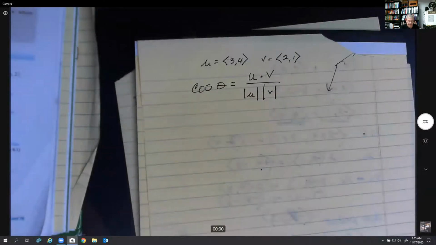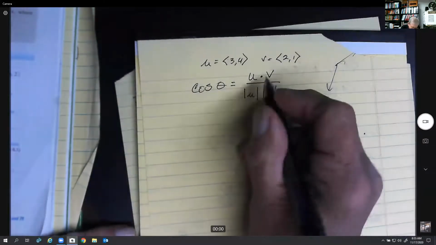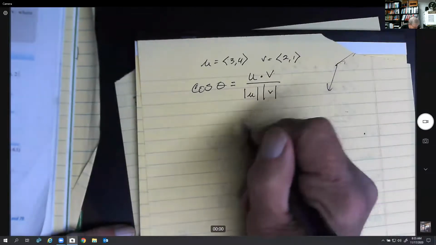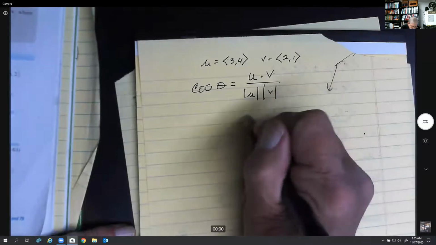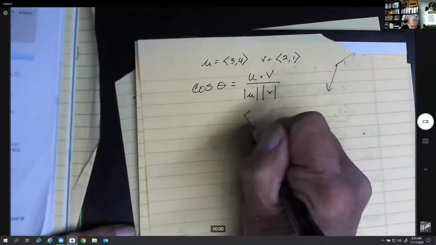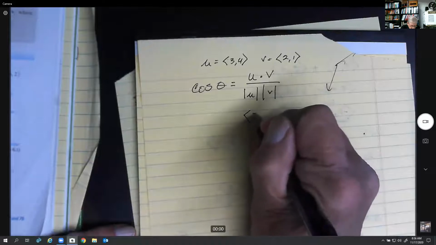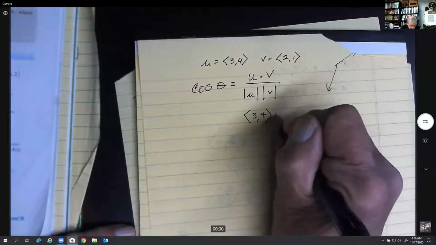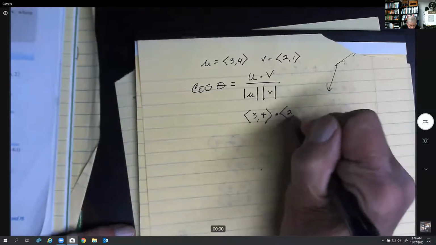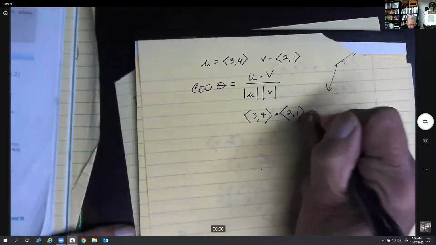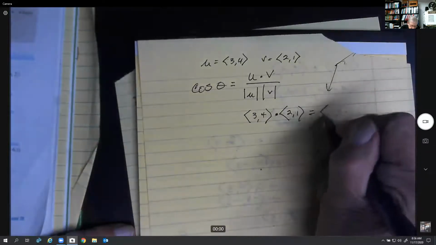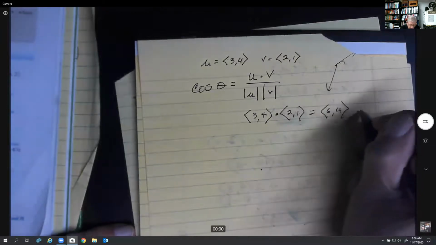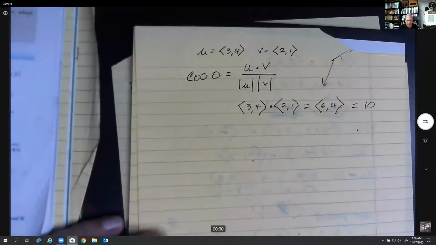So first we want the dot product of these. That would be 3, 4 times 2, 1. So 3 times 2 is 6, 4 times 1 is 4, and then remember, we add those together. That gives me a total of 10.